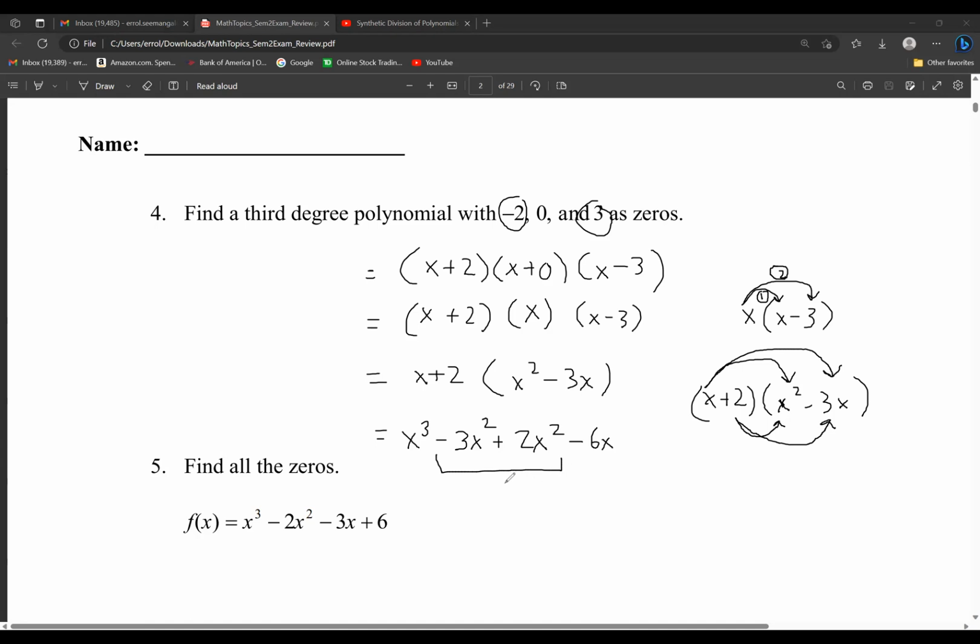What's minus 3 plus 2? You lose $3, but you gain $2. What's the net change? Minus 1. Minus x squared minus 6x. There you go.